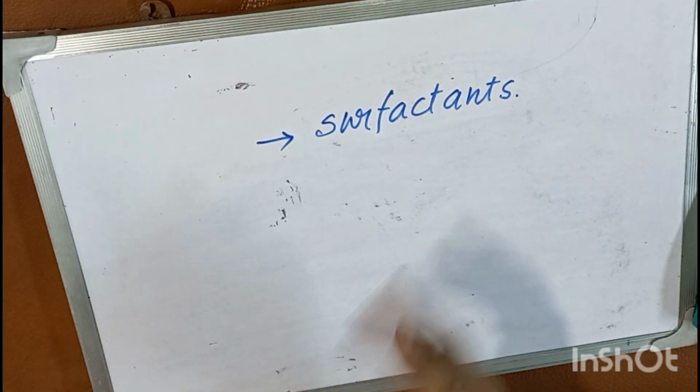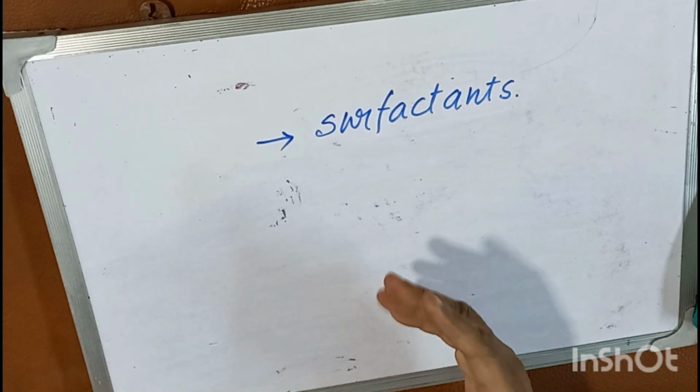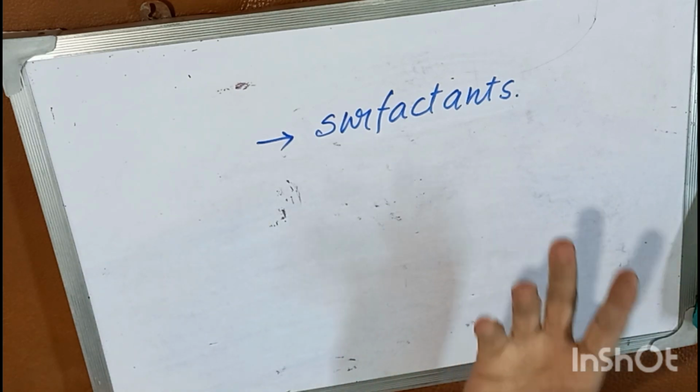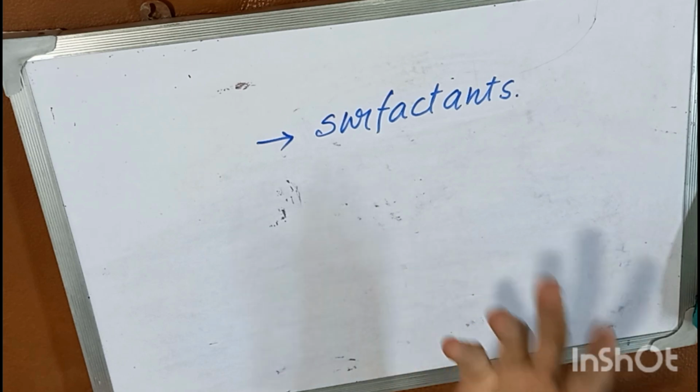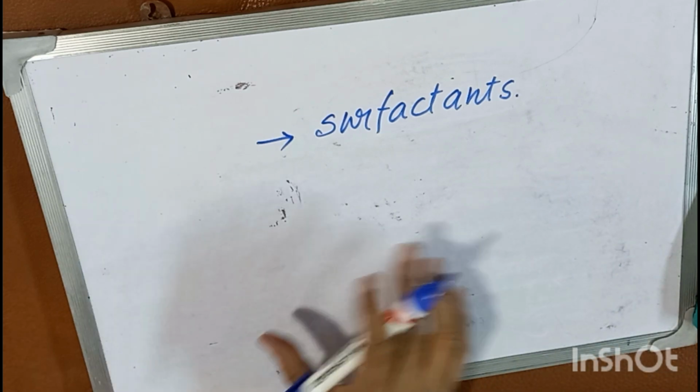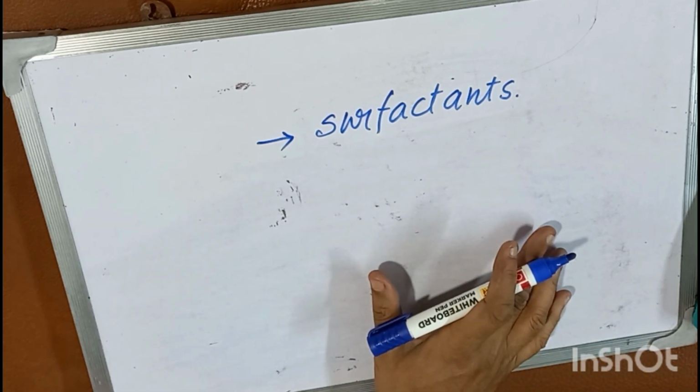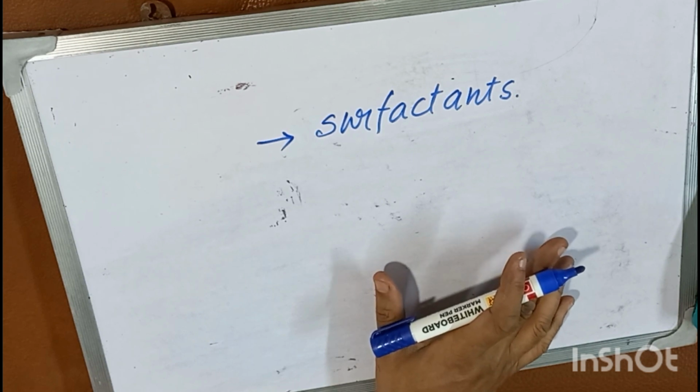These fat molecules get inside the water molecules and decrease the surface tension of water. Likewise, these lipid molecules are present inside our body, secreted by type 2 cells.